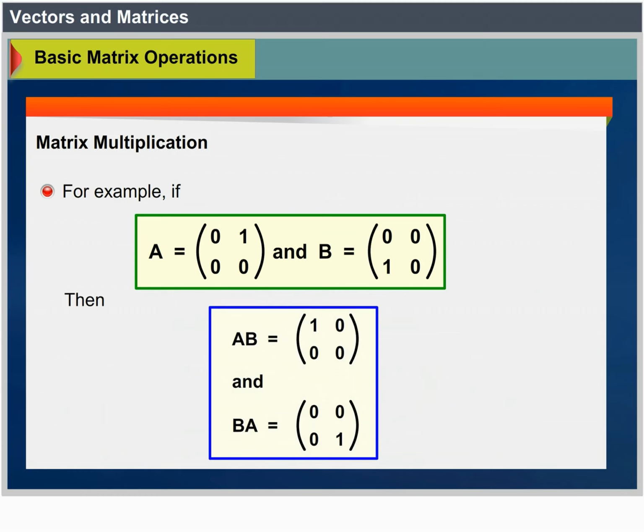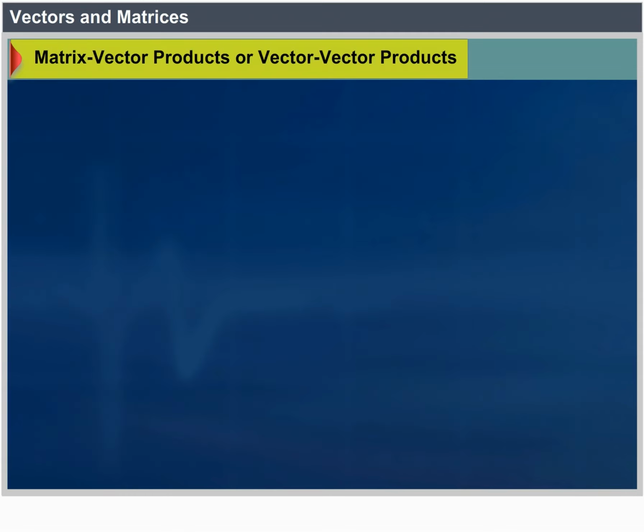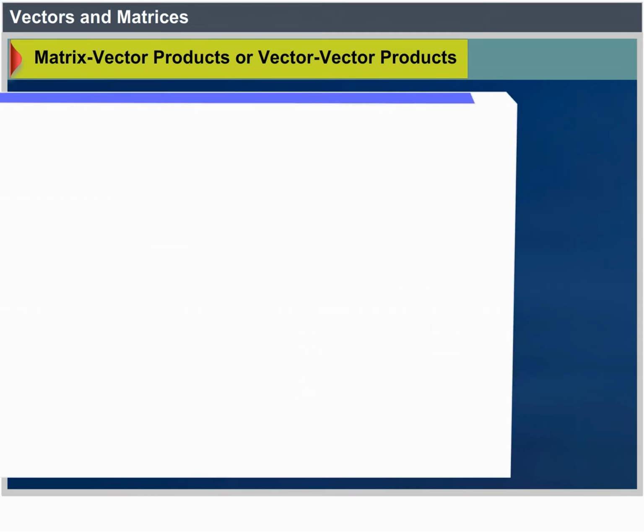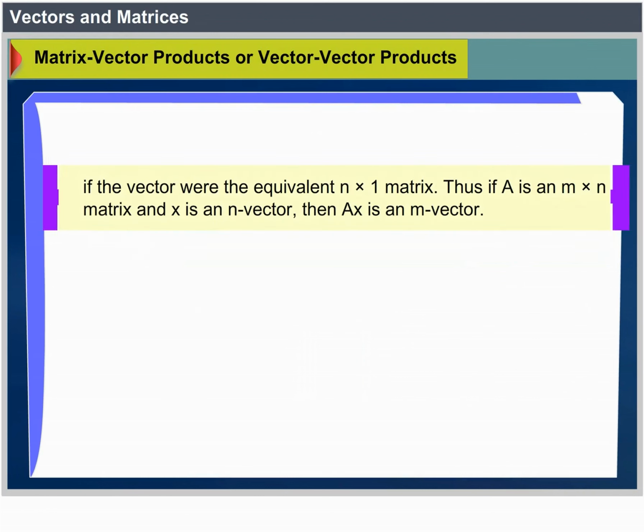Matrix-vector products are vector-vector products. If the vector is treated as the equivalent n by 1 matrix, then if A is an m by n matrix and x is an n vector, then Ax is an m vector.